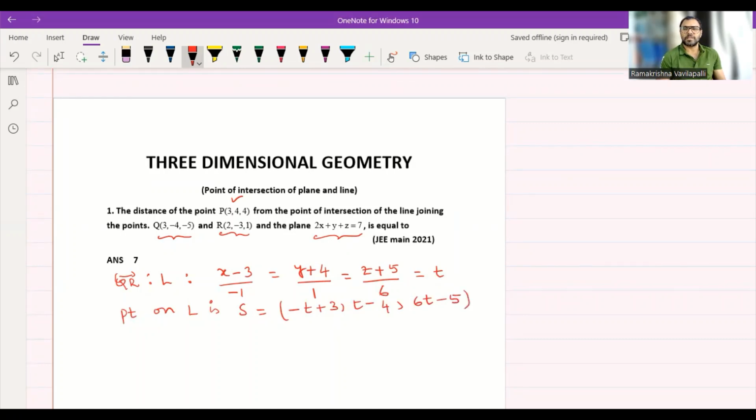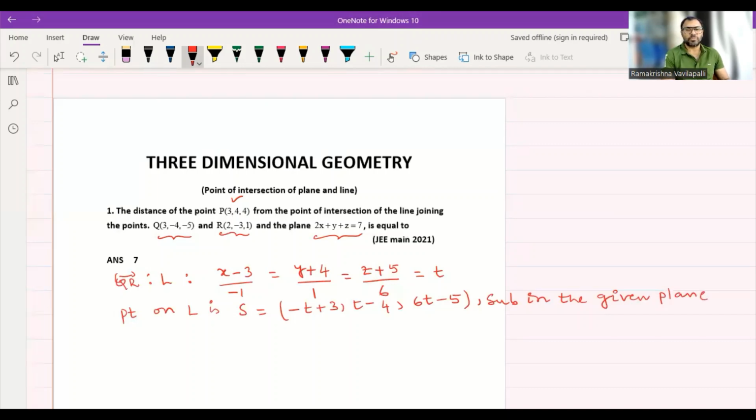Now substitute this point in the plane. Substitute in the given plane. In the given plane, we will get the value of t.